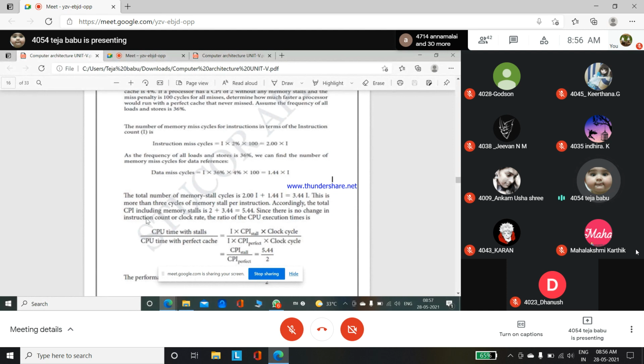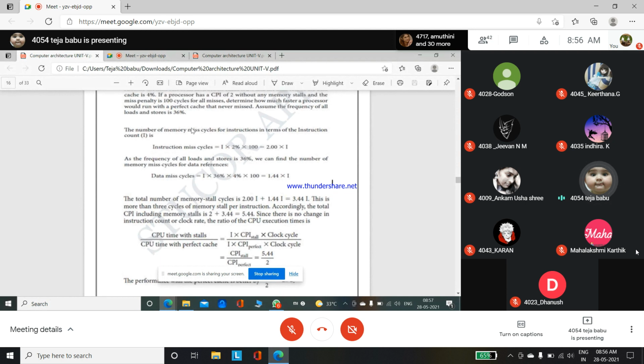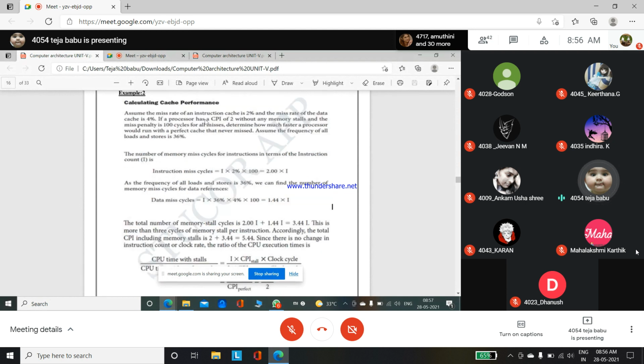Now the total CPI, clock cycles per instruction, including memory stalls. As we have discussed, the processor has a CPI of 2 without any memory stalls.